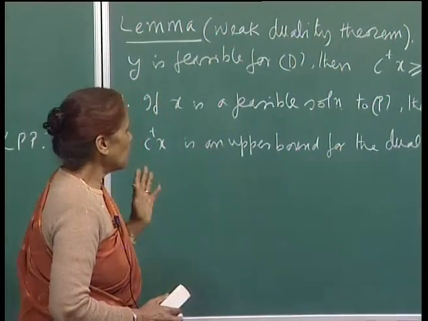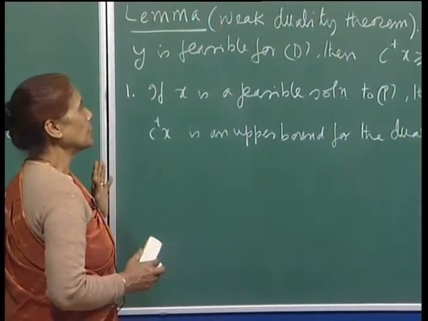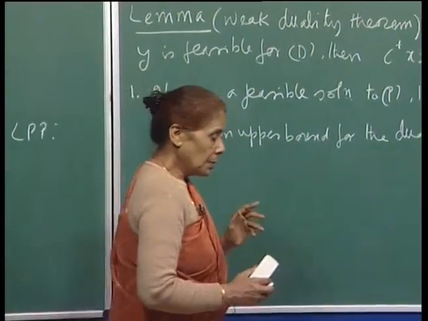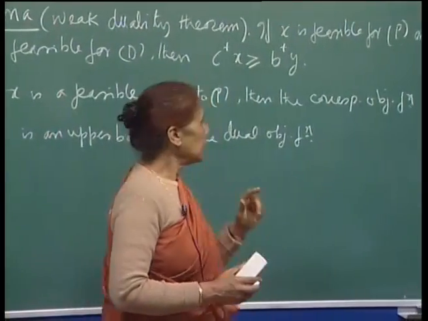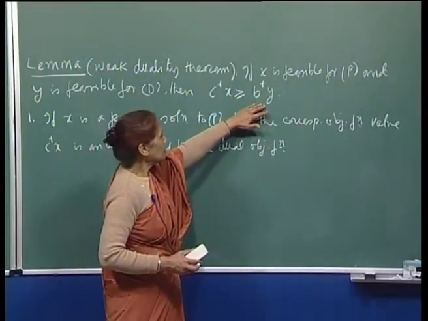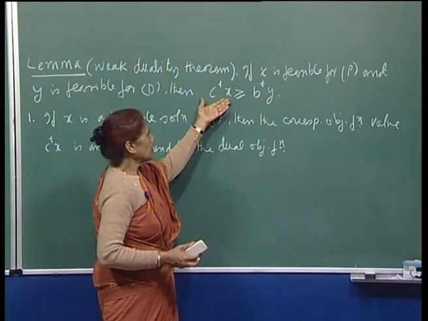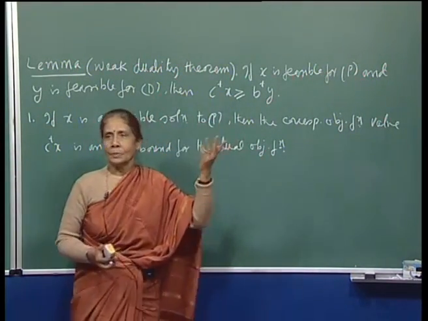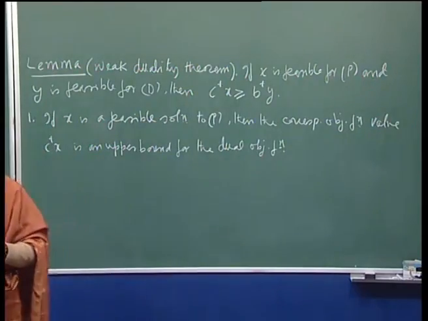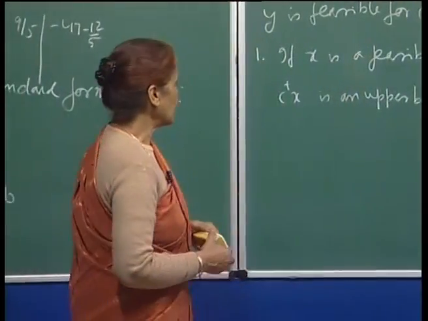then I know that my dual problem is bounded, because remember the dual problem is a maximization problem, and here we are saying that the dual objective function value cannot exceed C transpose x, which is a finite value, right. So, there is no question of B transpose y going up to plus infinity. Okay.